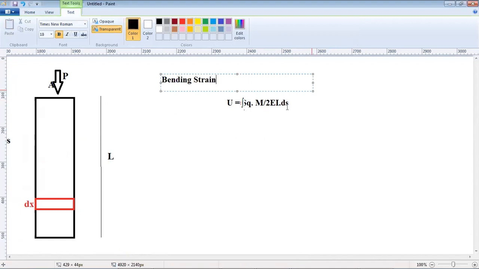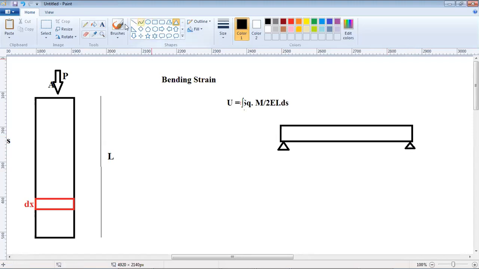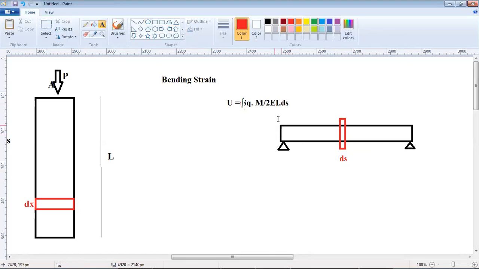It will be a member, a beam for example, which is under bending, and you take an incremental portion of this beam of length ds, and the moments that are generated in this beam are M, and E is the modulus of elasticity of this beam.